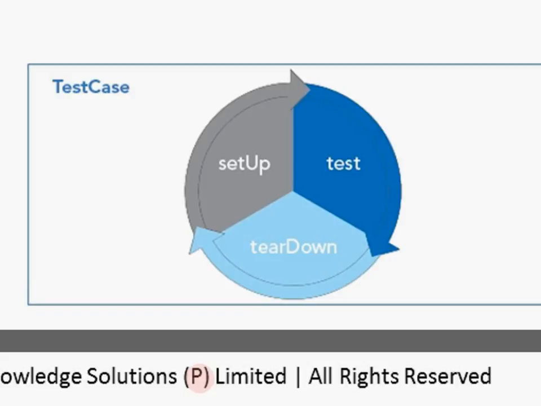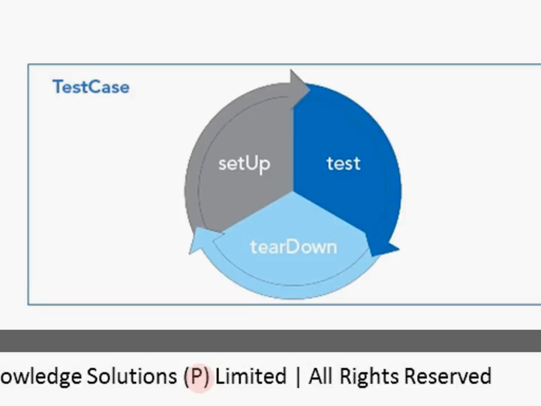Next is tear down. Tear down is one of the important life cycle methods. Tear down means any kind of post-processing statements are written in your tear down method. By post-processing, I mean releasing all your resources. Once you're done with testing the methods, you have to release them.